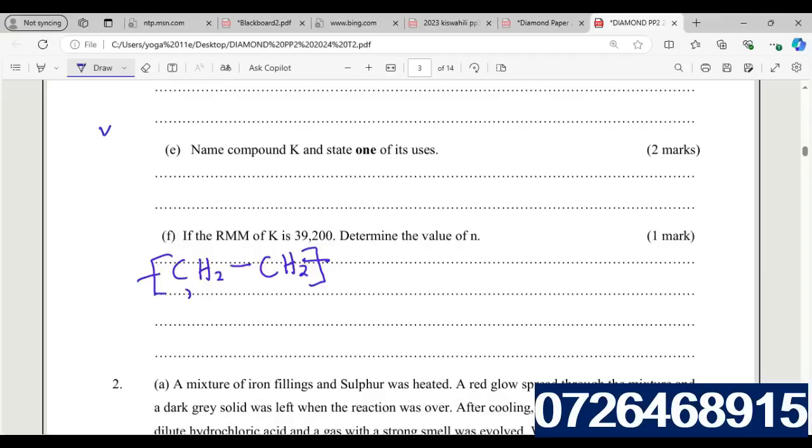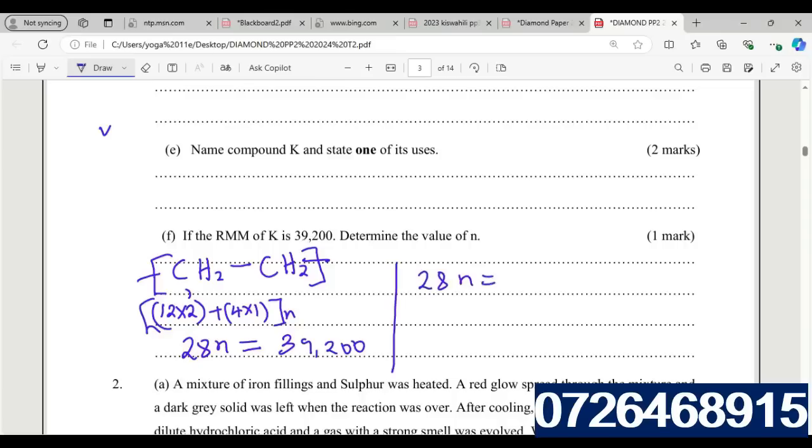One carbon is 12, there are 2 of them. Then plus hydrogen, there are 4 times 1. So we will have everything times n. This is 24 plus 4, so 28n is equal to the total mass, which is 9,200.